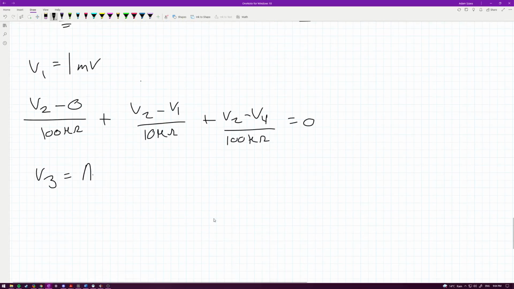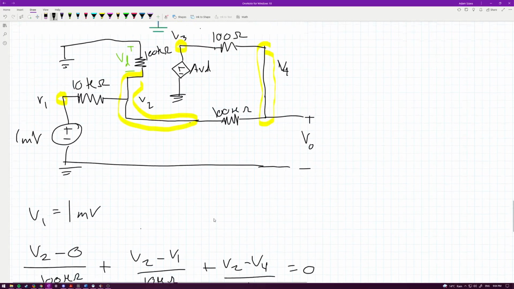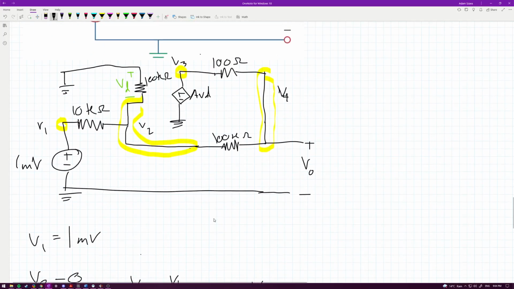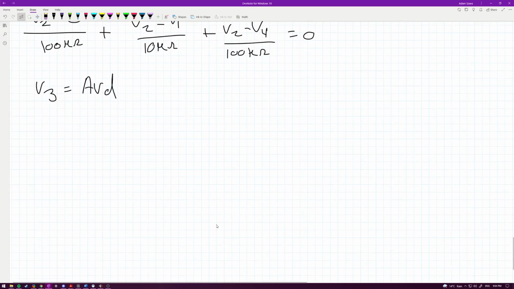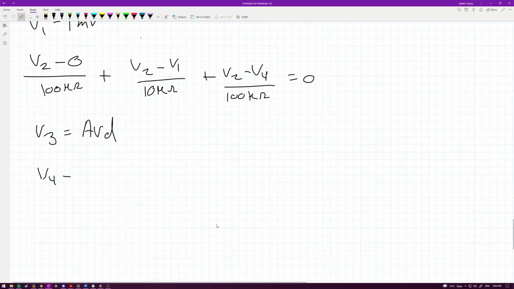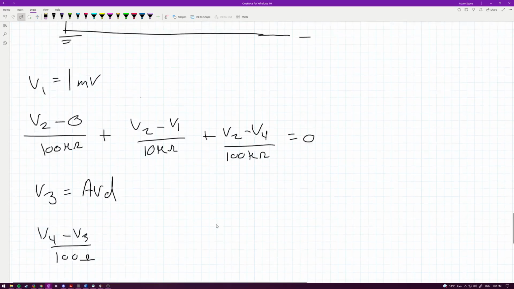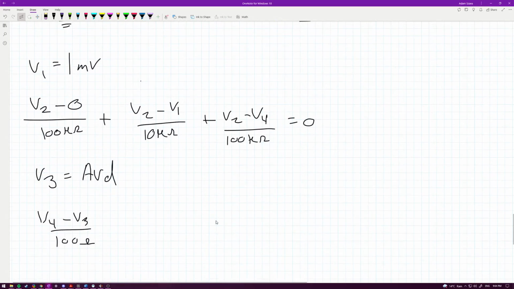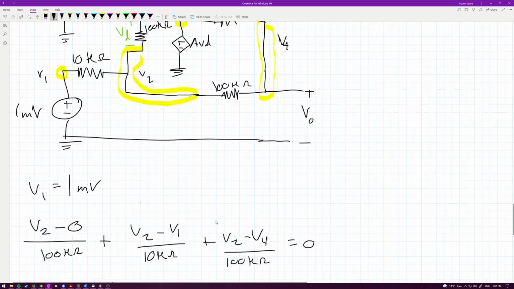V3 equals AVD. And then we have V4: V4 minus V3 over 100 ohms. I'll just do everything in kilo ohms, so 0.1 kilo ohms.